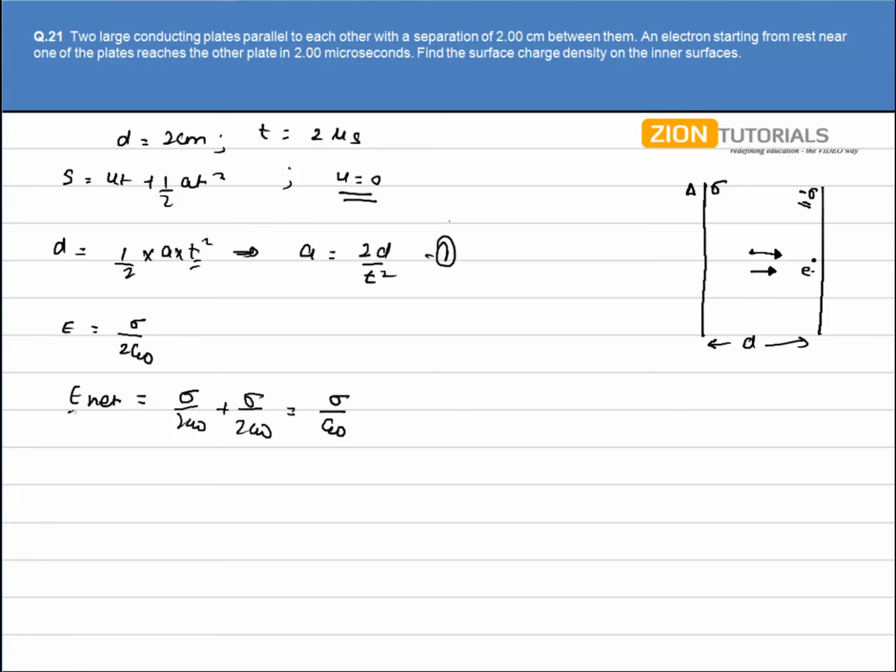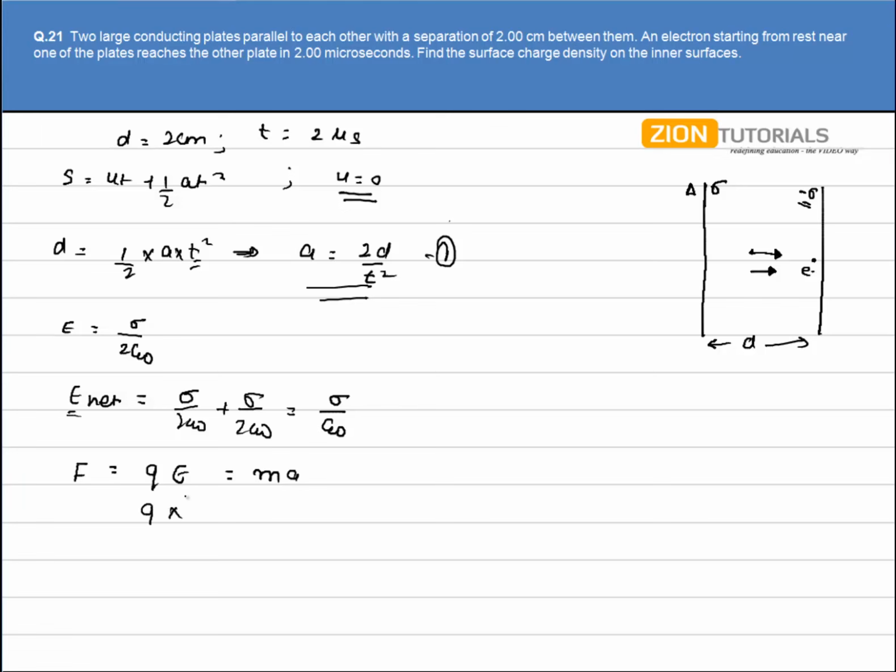Fine. This is the electric field existing between the two plates, and since this is the electric field, a force will act on the electron that will be equal to qE. This force will be equal to mass into acceleration, so that I can get the value of acceleration. Now we know that acceleration is given by 2d by t square.